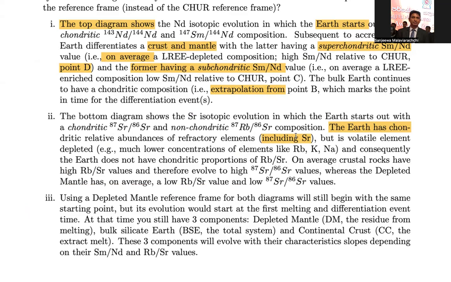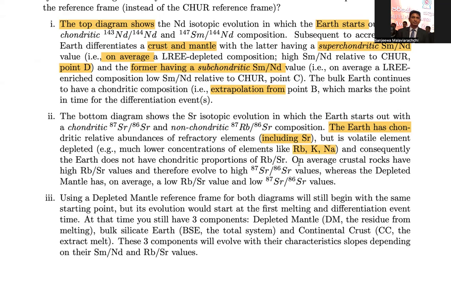Even samarium neodymium, they don't evaporate easily. But elements like rubidium, potassium, sodium are considered low refractory elements or volatile elements, right? Even lead-like elements. Volatile elements can easily be removed from the system, forming a vapor, right?